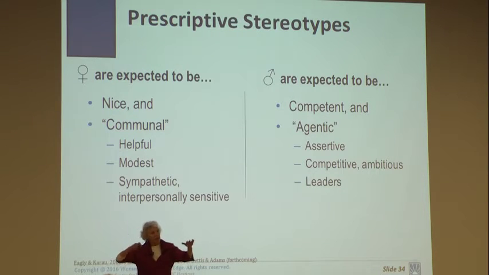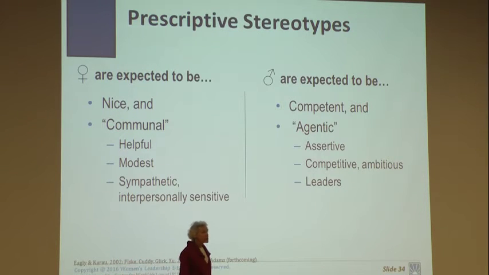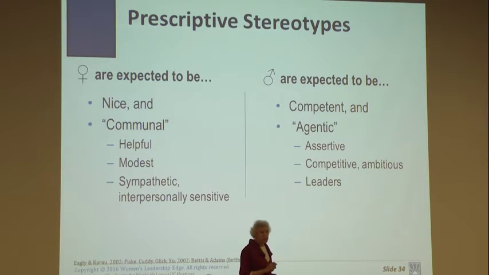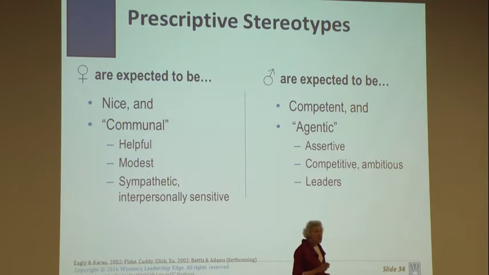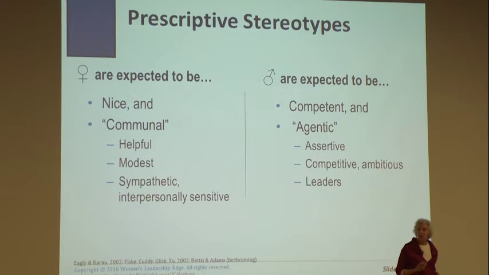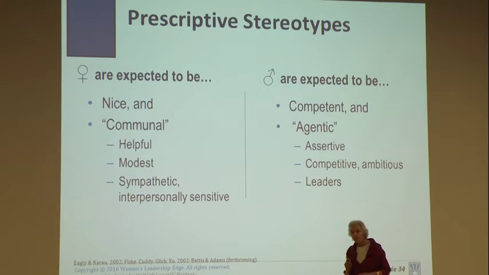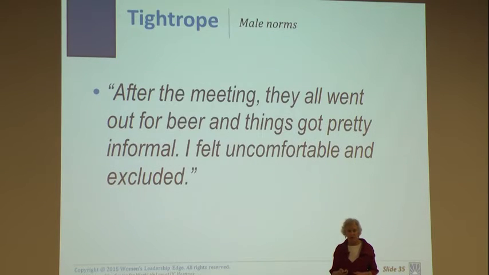Studies again and again and again show that women are expected to be nice and communal, helpful, modest, sympathetic, interpersonally sensitive. Men are expected to be something quite different. They're expected to be competent and agentic, assertive, competitive, ambitious leaders. Those prescriptive stereotypes have profound effects in today's workplace.